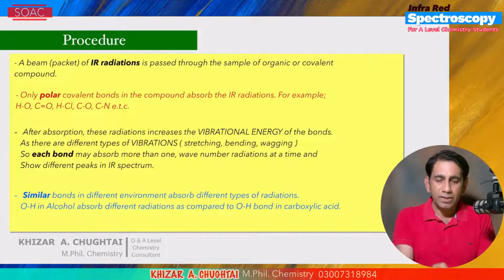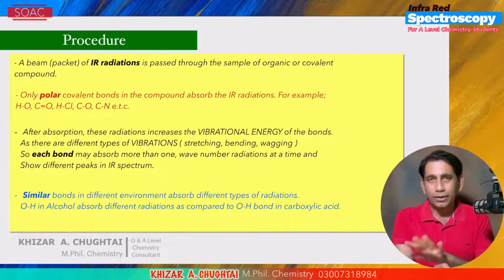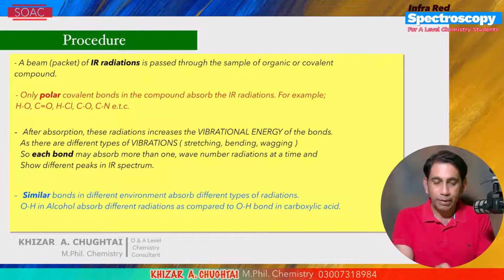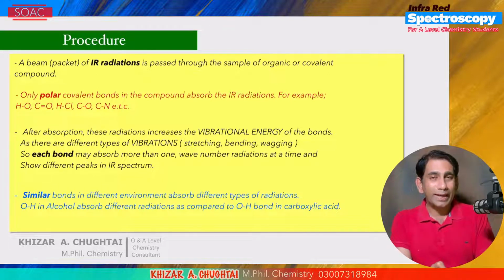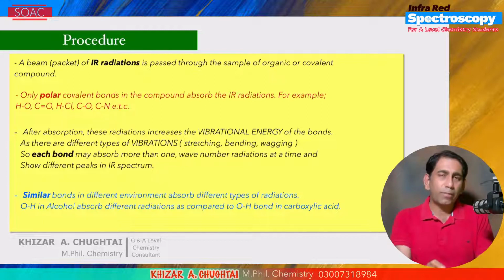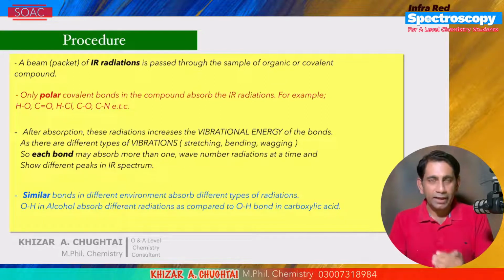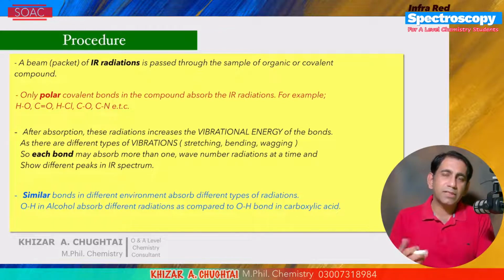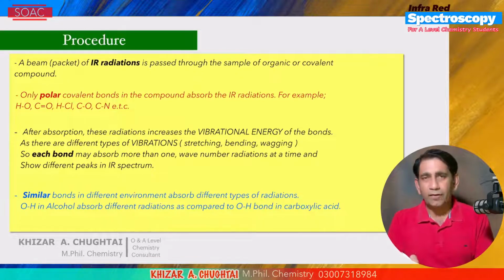There may be a C double bond O group, as in imides, esters, acids, ketones, and aldehydes. There may be an OH bond, as in acids and alcohols. There may be a C single bond O, as in esters and acids. There may be a C single bond N in amines. There may be a C triple bond N, which is part of a nitrile.